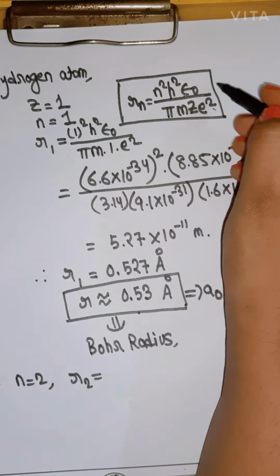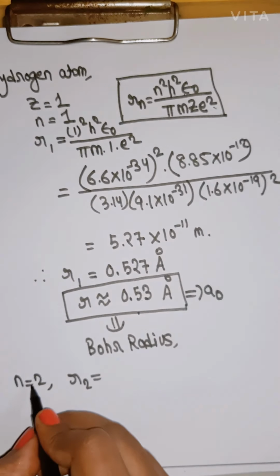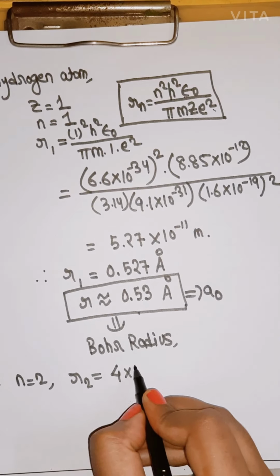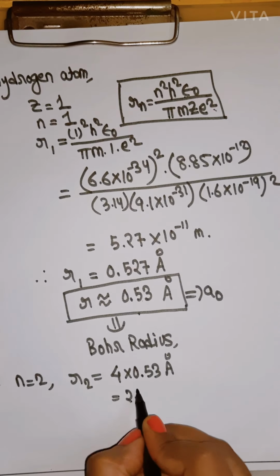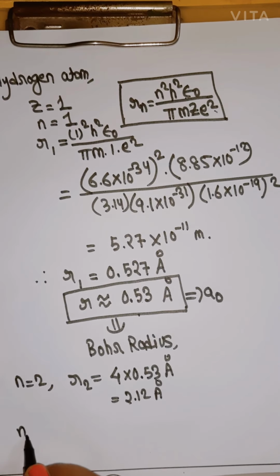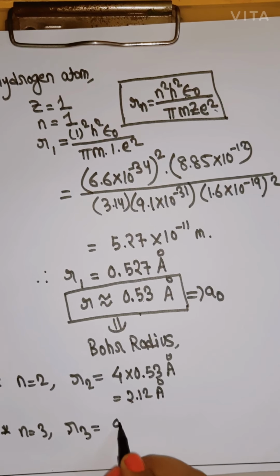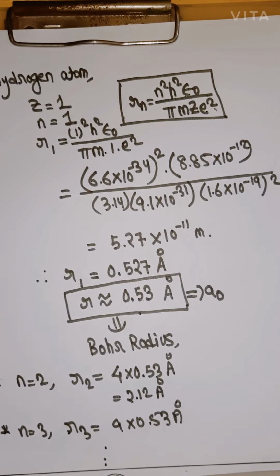So this constant is 0.53. For n is equal to 2, we will have 4 into 0.53 Armstrong, that is equal to 2.12 Armstrong. Similarly, you can calculate for n equal to 3 and so on, as R3, which is equal to 9 into 0.53 Armstrong, and so on.